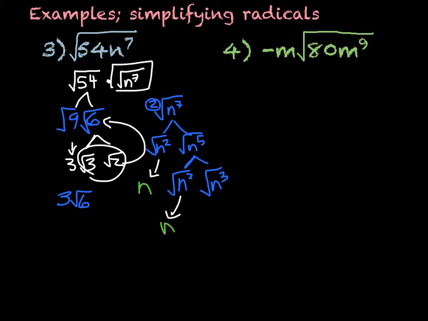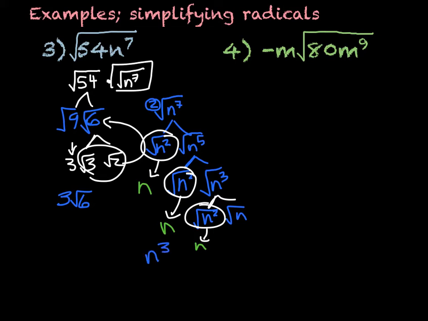And then finally, this last part, I have n squared times n. So again, this is going to go to n, because these are all the square root of n squared. There's 3 of them, so that's going to tell me that I have n cubed, because there's 3 of them multiplied together, and then I have the square root of n left.